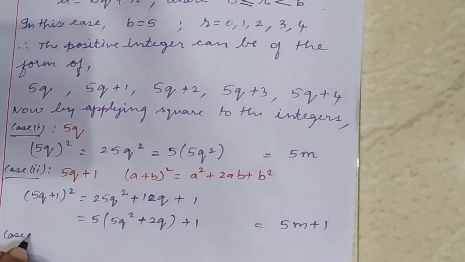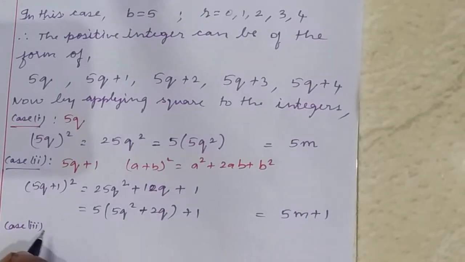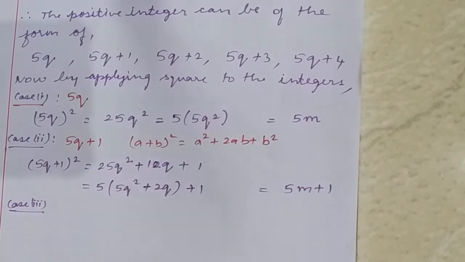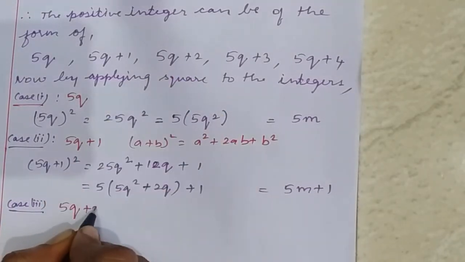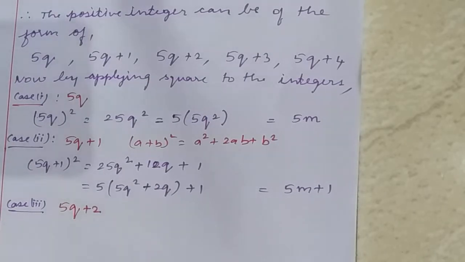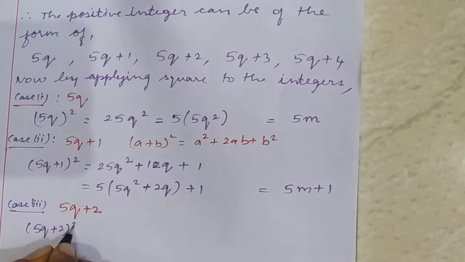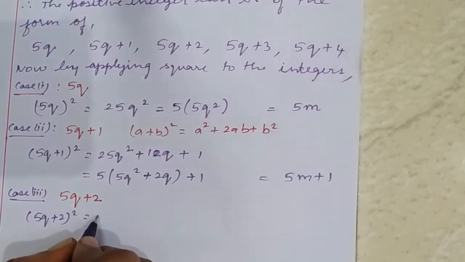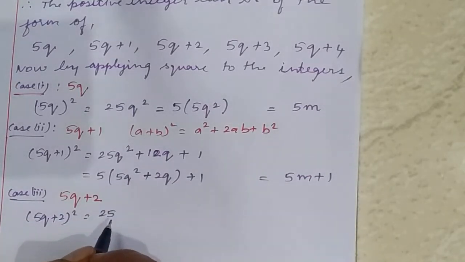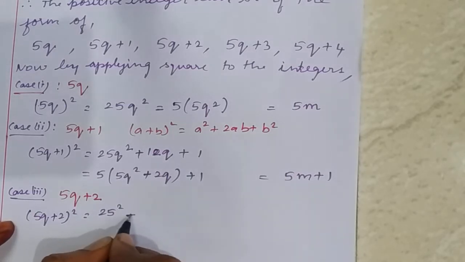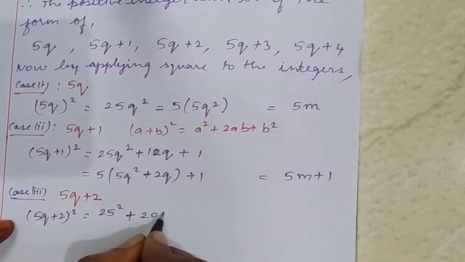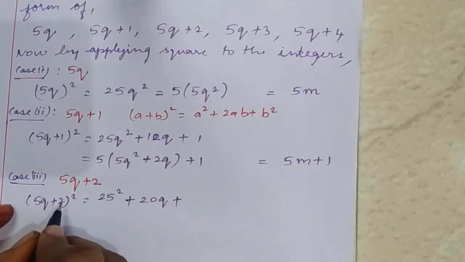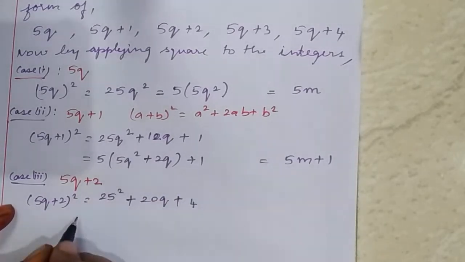Case 3 is 5q plus 2. So again we are going to apply the square to this number. It is 5q plus 2 the whole square, that is equal to 25q square plus 2 into 5 into 2, which is 20q, plus 2 square, which is 4.